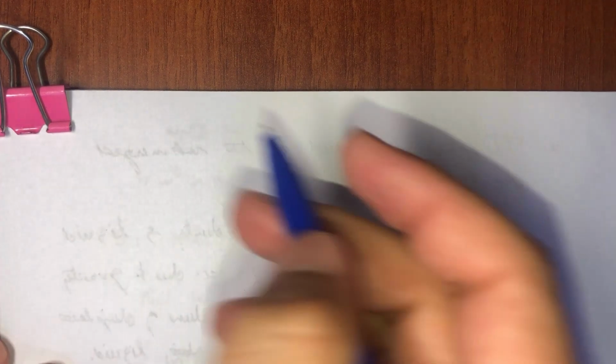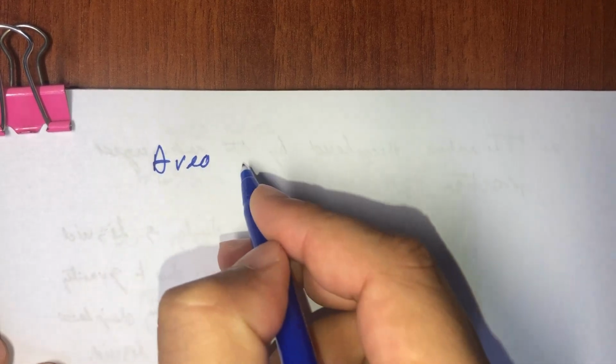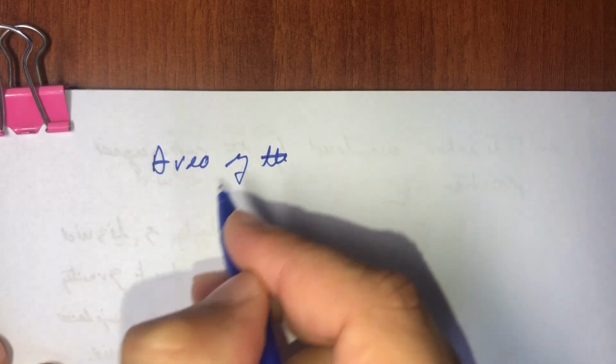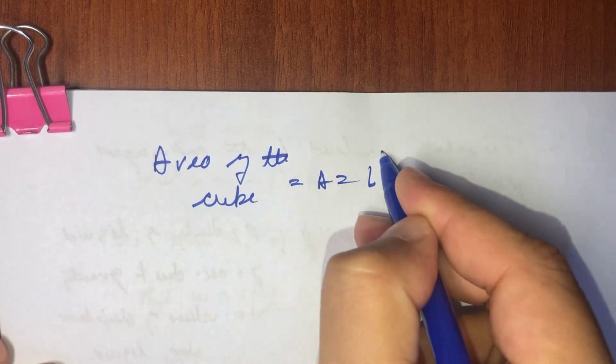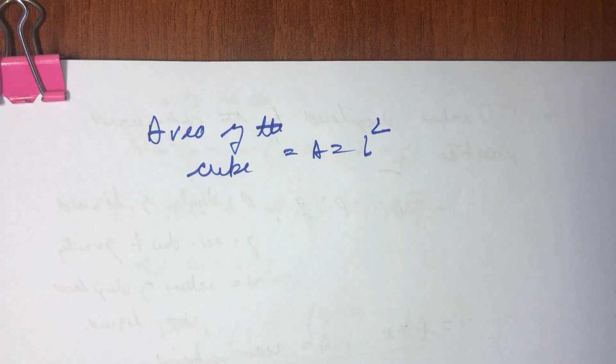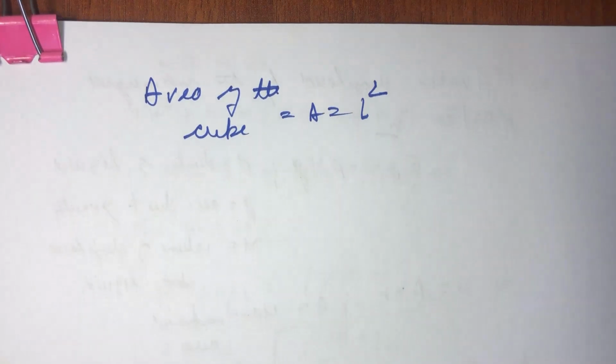As the body is given as cubical, we can say that the area of the cube, which is A, is equal to L square. And we can use the law of motion. We can say the net force that is applied, if given as F net, will be equal to mass into acceleration.